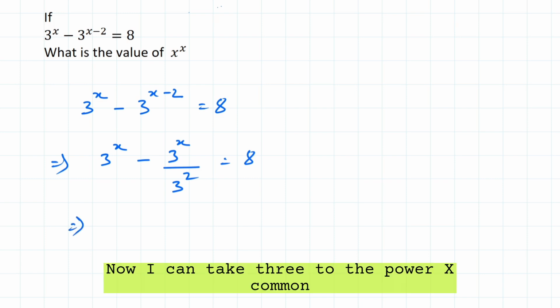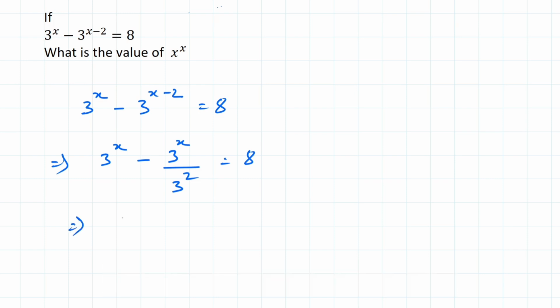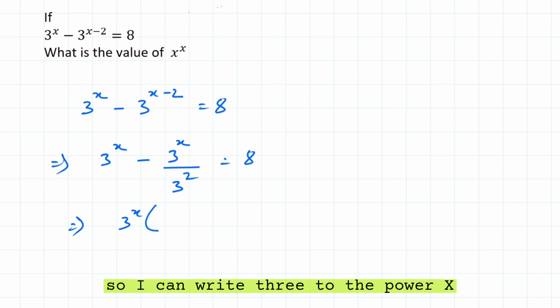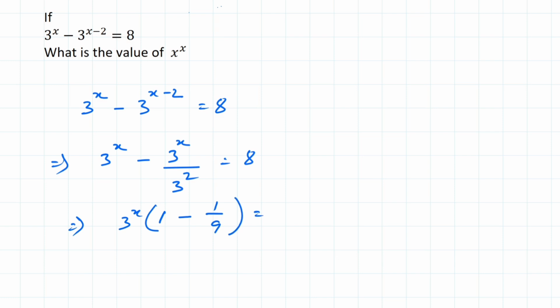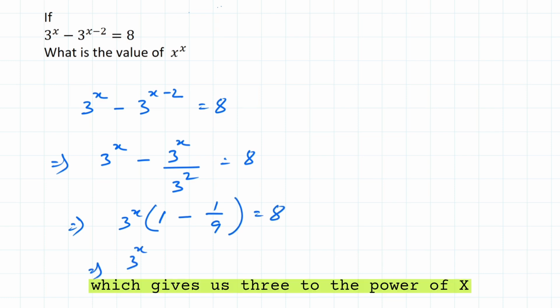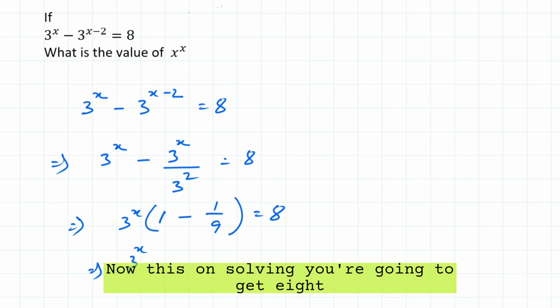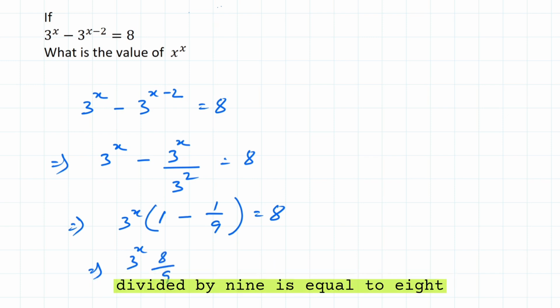Now I can take 3 to the power x common, so I can write 3 to the power x, inside the bracket I am going to write 1 minus 1 by 3 square, which is 9. This is equal to 8, which gives us 3 to the power of x. Now this, on solving, you're going to get 8 divided by 9 is equal to 8.